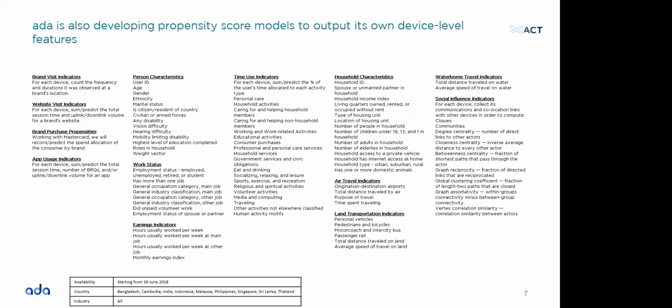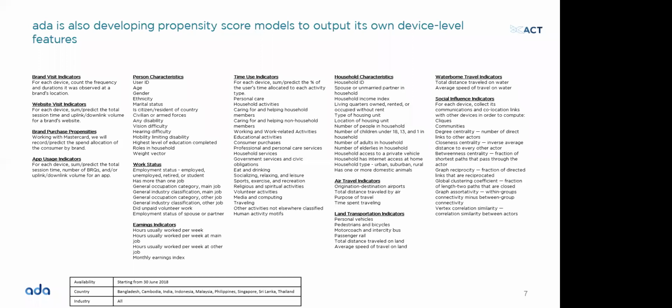So these audience features range from pretty simple ones like brand visit indicators, which are simply a count of the frequency in which a particular device is found at a brand location, like how many times this particular device was found in a McDonald's or a Starbucks. So it ranges from simple things like this to pretty complicated things.